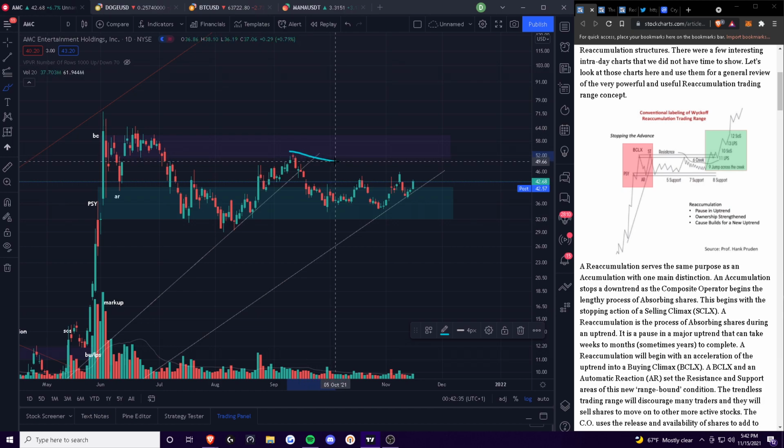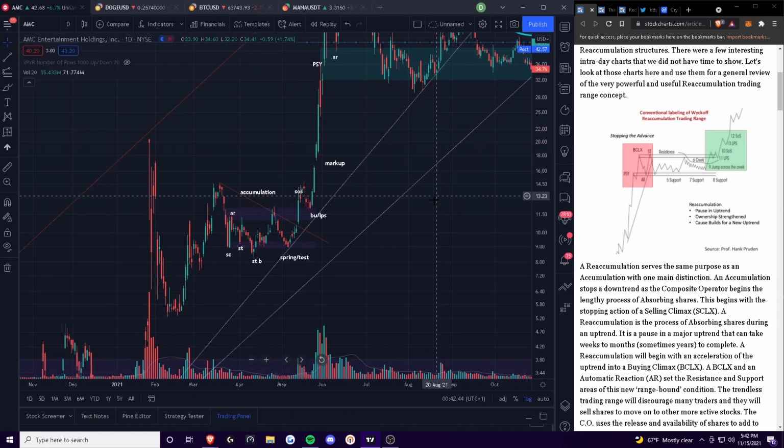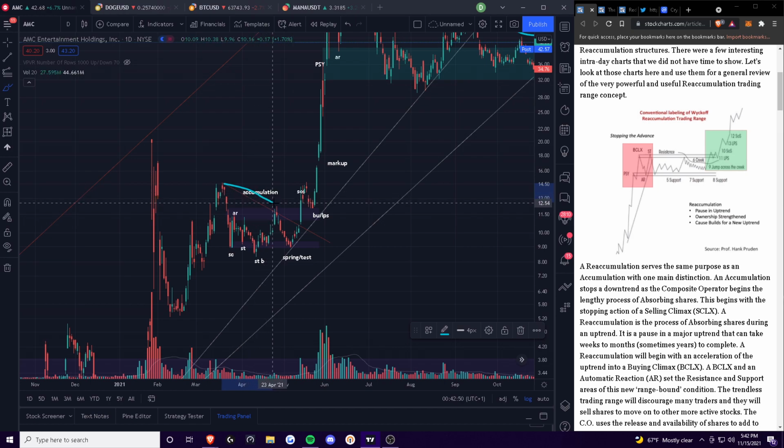What does that mean? Well, the creek is just an intermediate resistance that's built into the reaccumulation schematic, and it's similar to what you would find in the accumulation schematic as well, which is you would have a creek, and then that sign of strength, and then the backup would come back and retest the creek. So it's jump the creek.